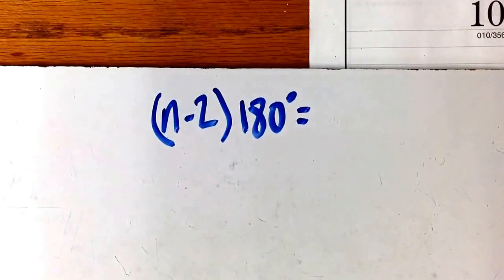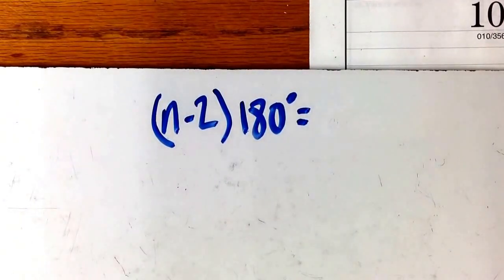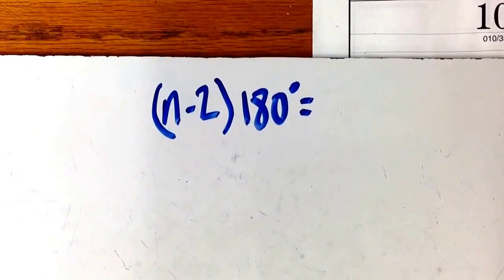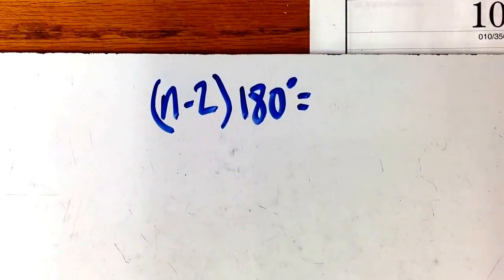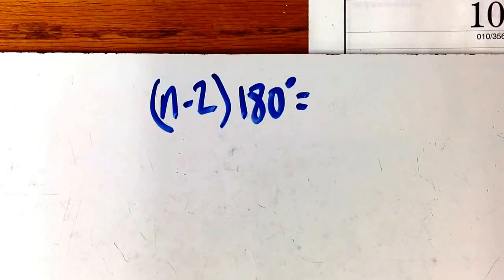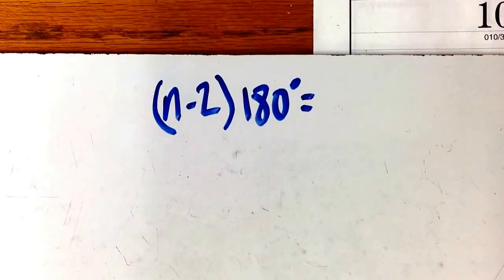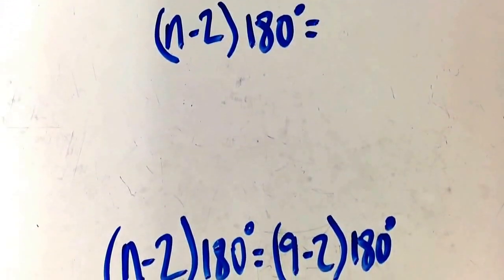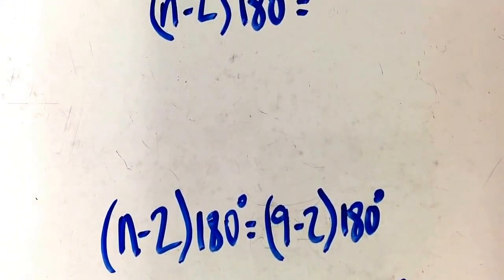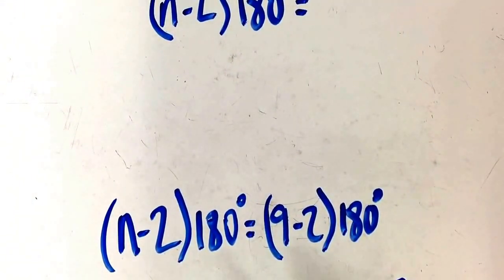So let's say for the first practice problem, they wanted us to figure out the sum of the interior angles for a 9-sided figure, or a nonagon. So what I would do is use this formula here. I would do n minus 2 times 180.